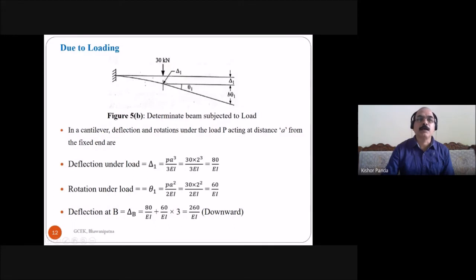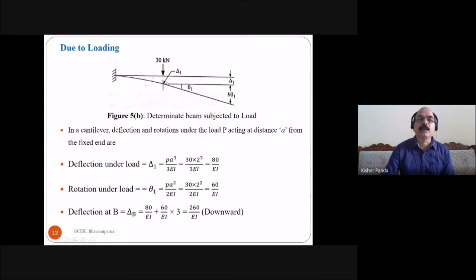The deflection here, delta 1, for a point load is PA cubed by 3EI. P is 30 kilonewton and A is 2 meters, so 30 into 2 cubed by 3EI, which is 80 by EI. Similarly, the rotation here, the angle between the tangent and the original axis, theta 1, is equal to PA square by 2EI.